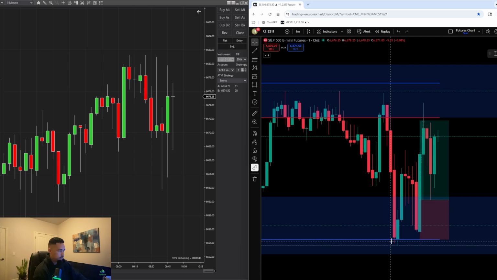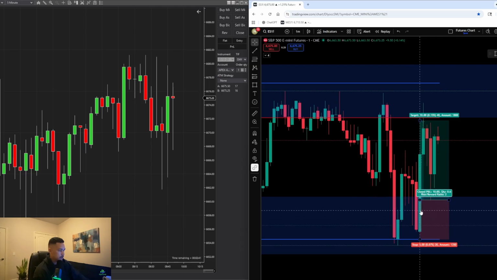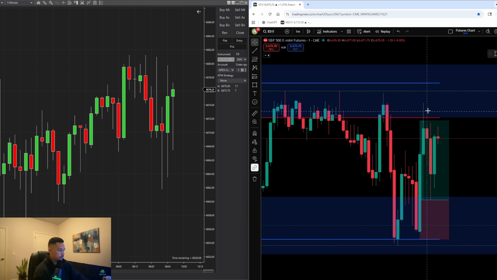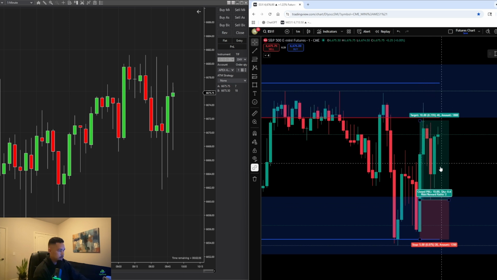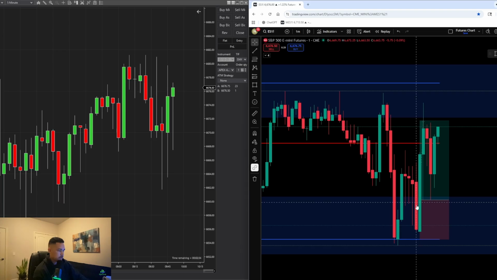But yeah, I'm happy with the trade. You can always wait for a little bit more confirmation, but I could have definitely waited for this leg to continue and then come back. But sometimes this could have been the actual move where it retraces and then just immediately goes up. You just never know.